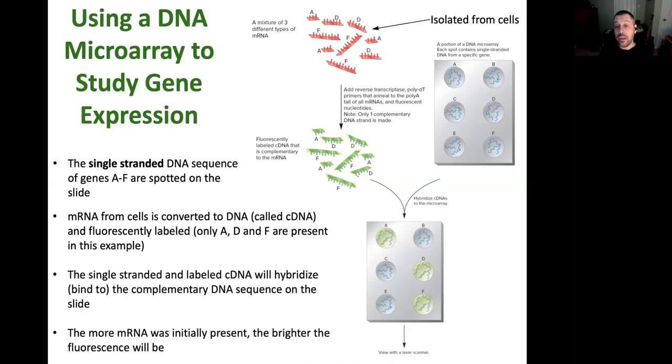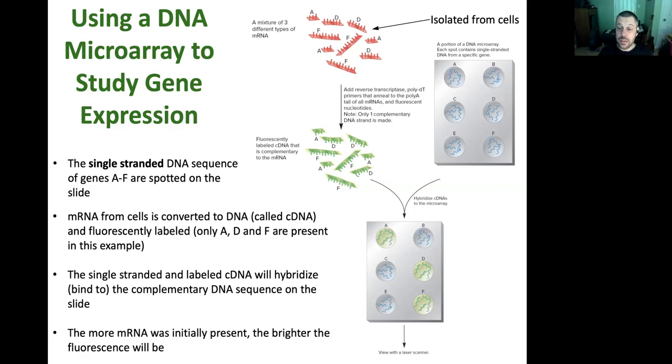And then you basically take that single-stranded DNA that you just made and you hybridize it to the single-stranded DNA that's on the slide. As you guys know, if 2 single-stranded pieces of DNA are complementary, they will hybridize with each other because they will just base pair, essentially.